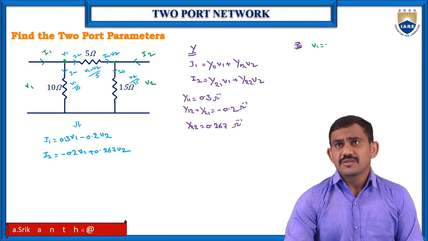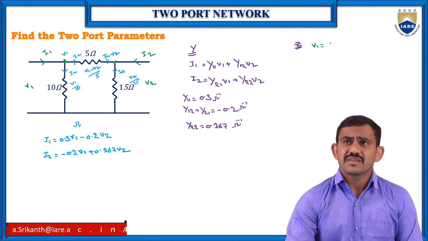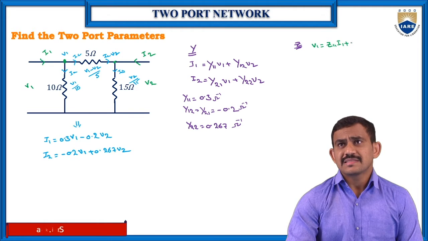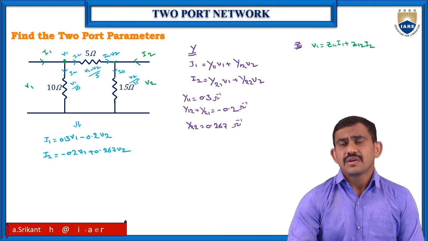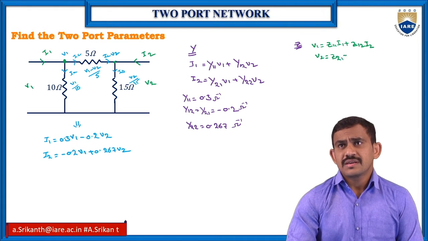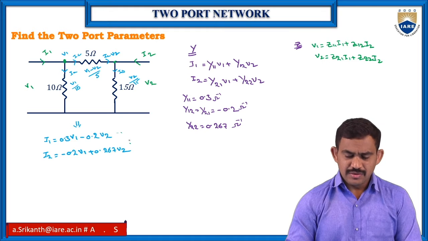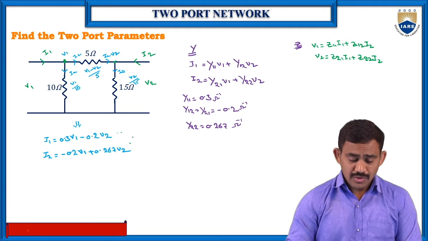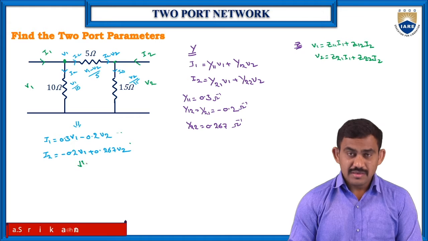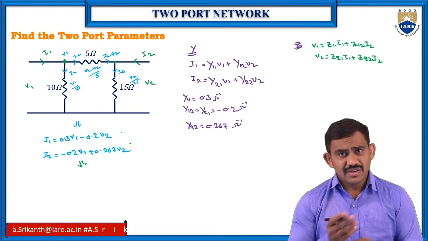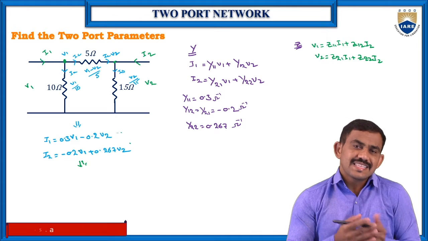V1 is equal to Z11 I1 plus Z12 I2. Same thing, V2 is equal to Z21 I1 plus Z22 I2. Now, if you compare with this equation, that is the reverse. From this, the two equations we have, I1 and I2, are converted into V1 and V2, and we'll get the Z parameters.